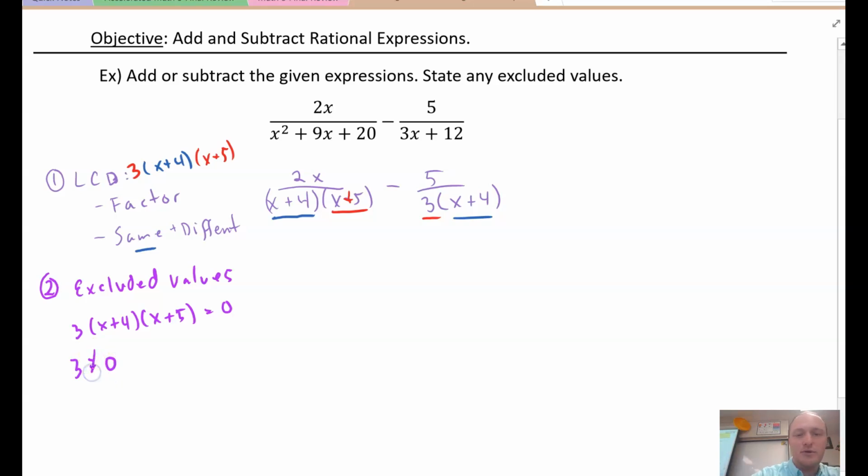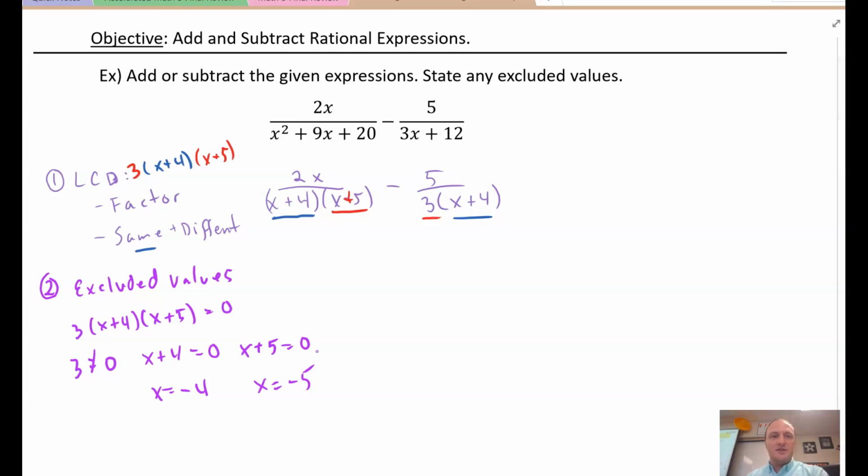No, it doesn't. We throw that out. Just ignore the coefficients. Poor coefficients. x plus 4 equals 0, x plus 5 equals 0. Then you solve. x equals negative 4, x equals negative 5. Those are your excluded values. Plain and simple.